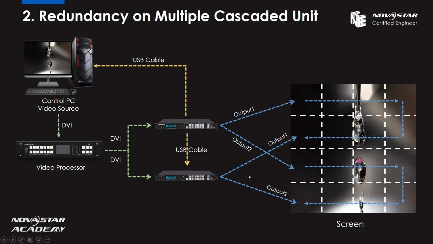The second one, the backup VX4S, uses its port 1 to connect to the last panel of port 1 of the primary, and port 2 of the backup connects to the last panel of port 2 of the primary. So this is the hardware connection to do the cascaded unit configuration redundancy.